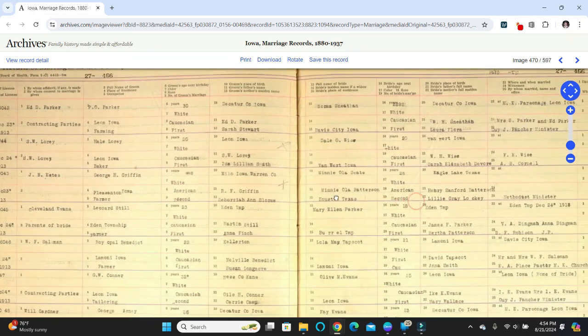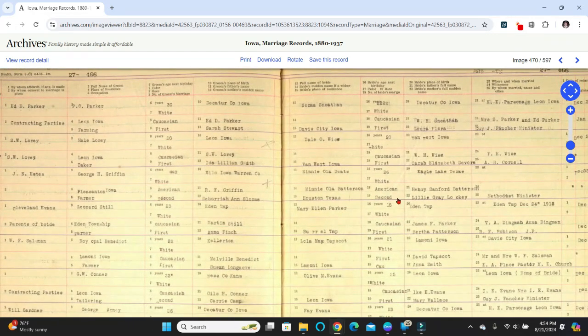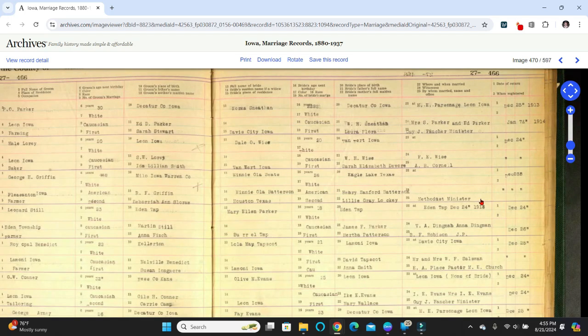If you come on over to Minnie, same thing here. We find out that Minnie, while she is still younger than George, this is also her second marriage. And if you did not know that, you could be missing a first husband out of your tree. So do not overlook the importance of getting an official record, even when you know the date or you know part of the story.